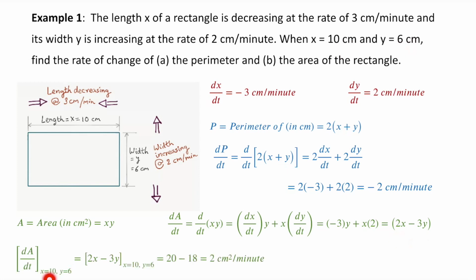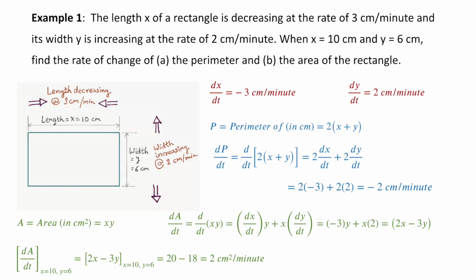So, that is when x is 10, y is 6, and we plug in those values and we get plus 2 centimeters square per minute. That is the rate of change of area. So, plus 2 centimeters square per minute, what would that imply? That the area is expanding.